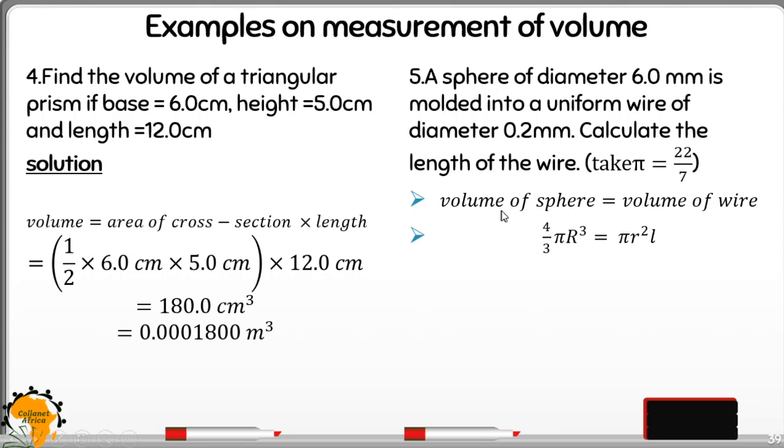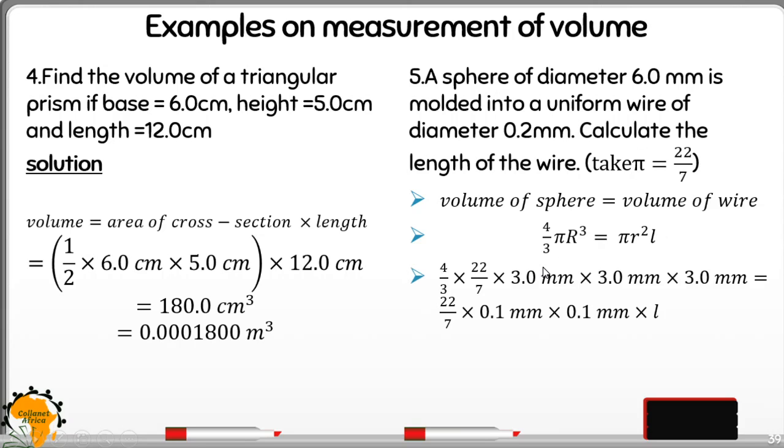So you apply the formula: the volume of a sphere is 4/3 pi R cubed. We are using a capital R here to differentiate. Capital R is for the radius of the sphere, and the small r is for the wire. So after that, now we substitute. We are given the diameter of the sphere, so we can get the radius.